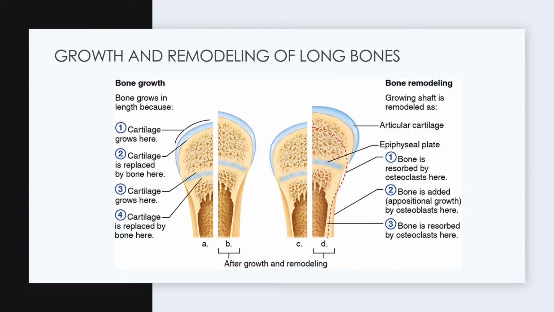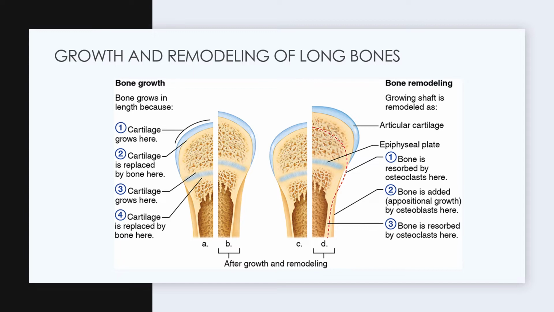At the same time, the old cartilage abutting the internal surface of the articular cartilage and the medullary cavity is broken down and replaced by bone matrix. So all the while, bone is being added, and as the bone grows, it's remodeled so that it still has the same structural integrity.